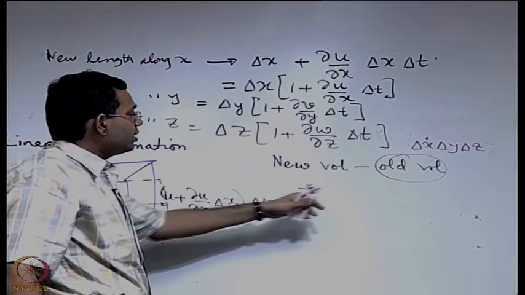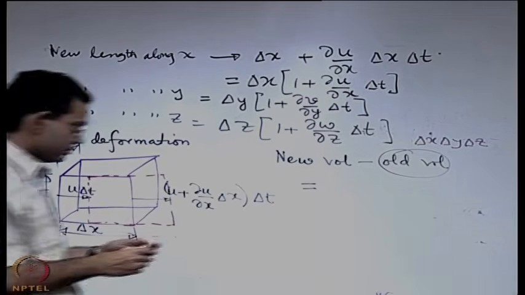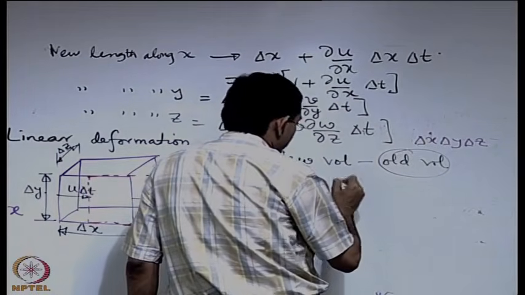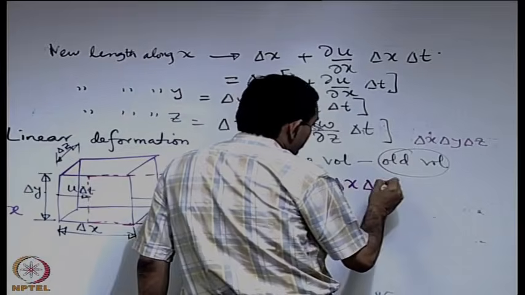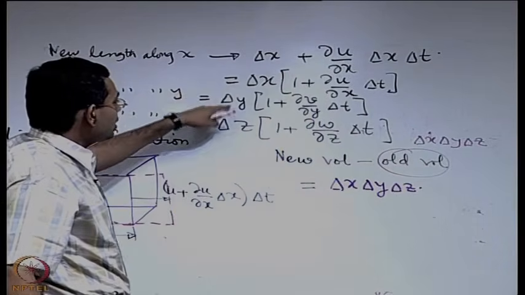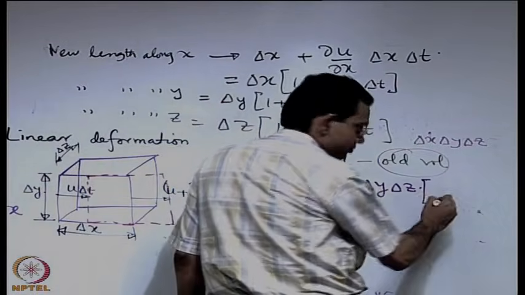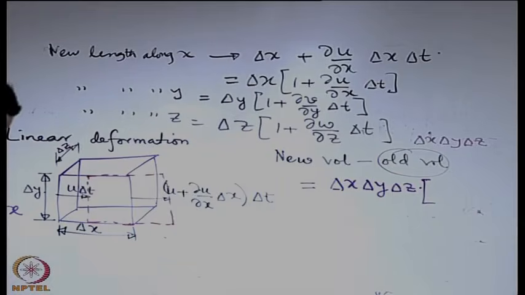And then what will be the term that is remaining here? Yes. So obviously a product of these three is there, then what is the remaining term?